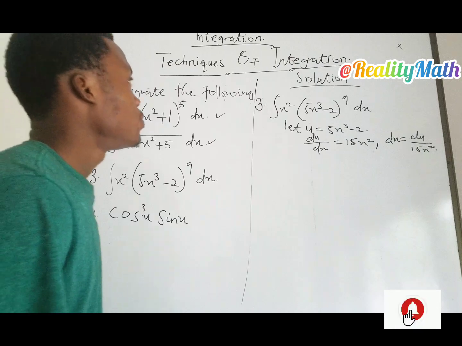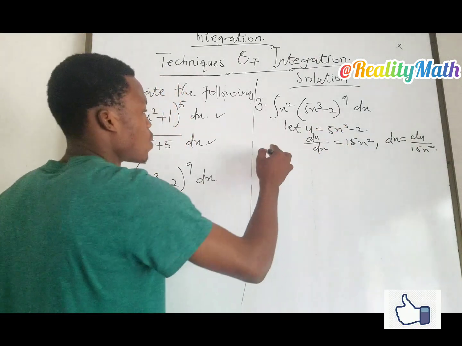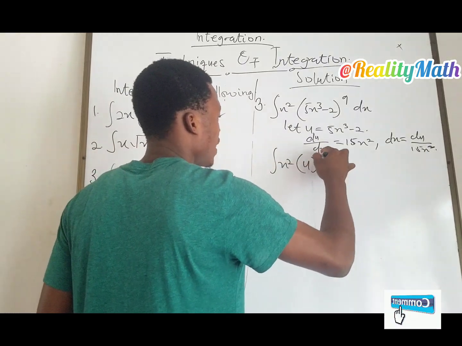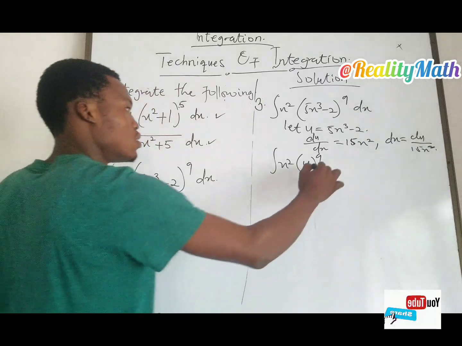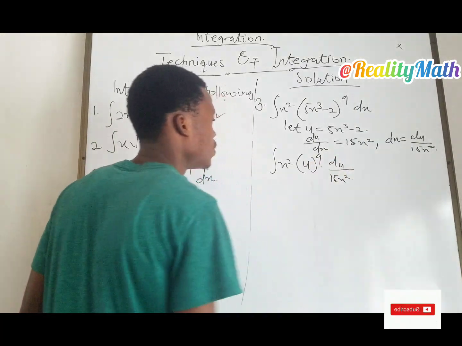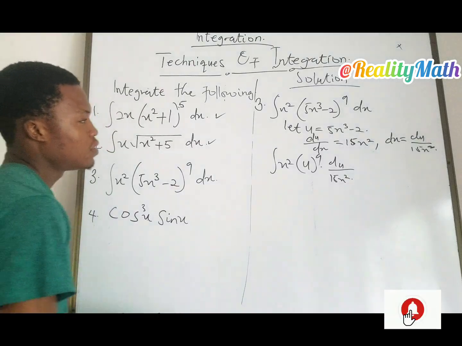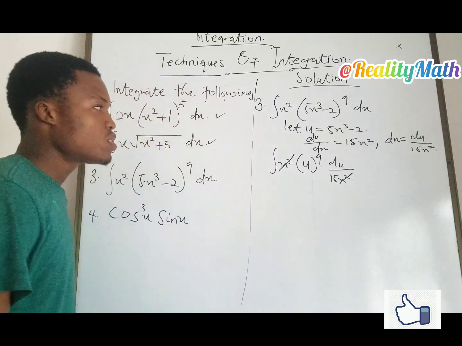Let's see. Now let's rewrite our question. We are now having the integral of x squared into bracket u to the power 9, right? And then our dx is what? du on 15x squared. But if you look at this critically, you can realize that x squared can take away x squared, making it simpler.